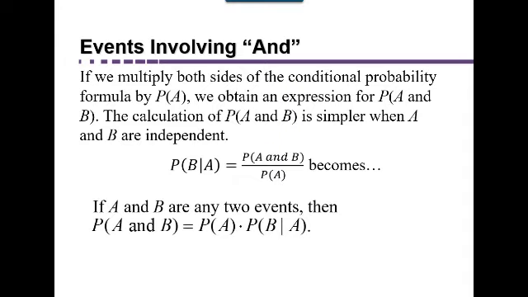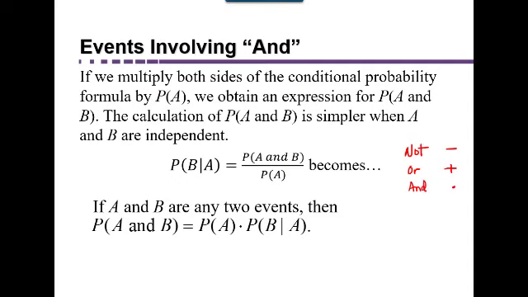So remember, the probability of B given that A had occurred is the probability of A and B divided by the probability of A. So we can rearrange that equation by multiplying both sides by the probability of A, and we actually get a formula for the probability of A and B. The probability of A and B occurring is the probability of A times the probability of B given A.